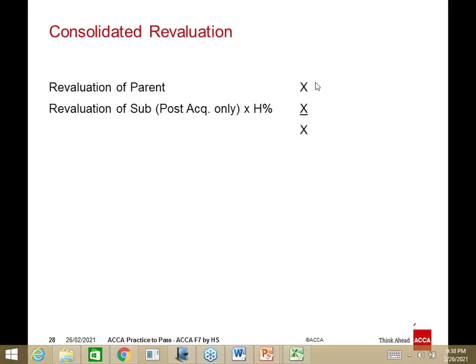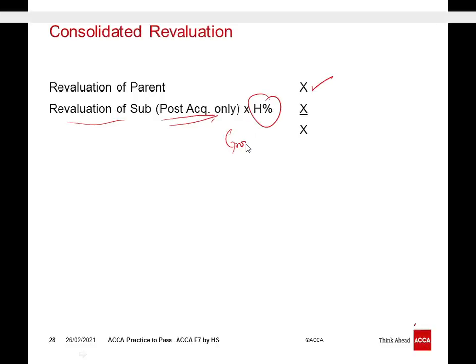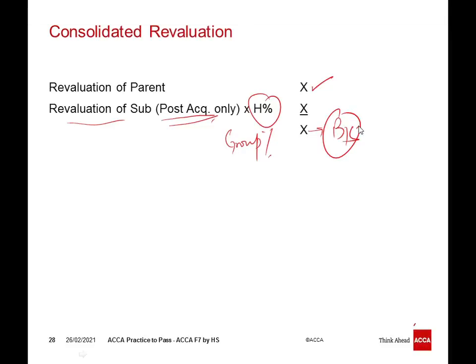Now talking about the revaluation reserve. If there is a revaluation reserve of the parent company, then it could be reported on the face of the balance sheet. Subsidiary company revaluation related to the date of acquisition will be reported in goodwill, but only the post acquisition subsidiary revaluation, the group share, will be reported on the face of the balance sheet.